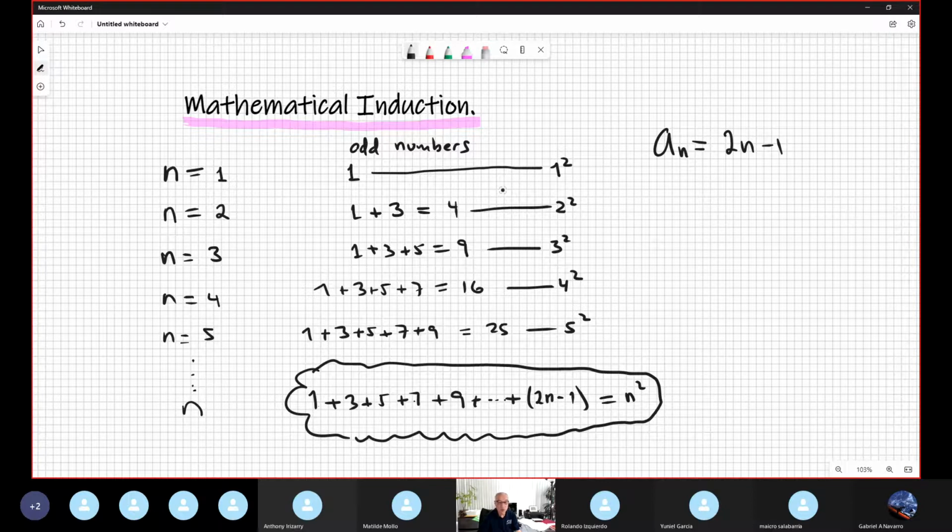The word induction reminds us of a detective, you know? Sherlock Holmes gets different clues, and the collection of particular examples gives him the conclusion: he discovers who is the killer. This is induction.